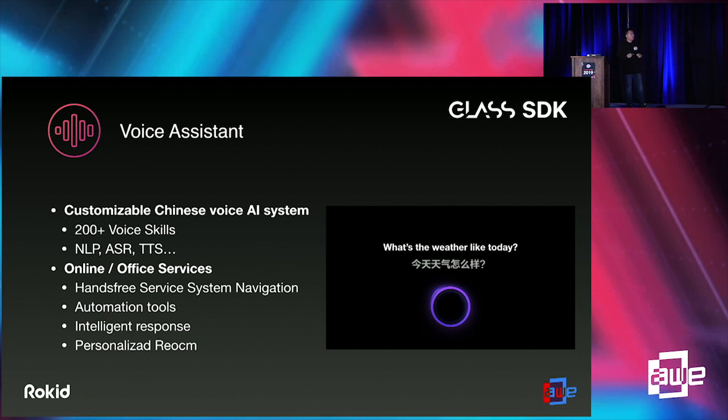With this, we can provide hands-free system navigation via AR glasses. We also provide automation tools to help you customize your voice AI system, and we can build personalized recommendations with our system as well.